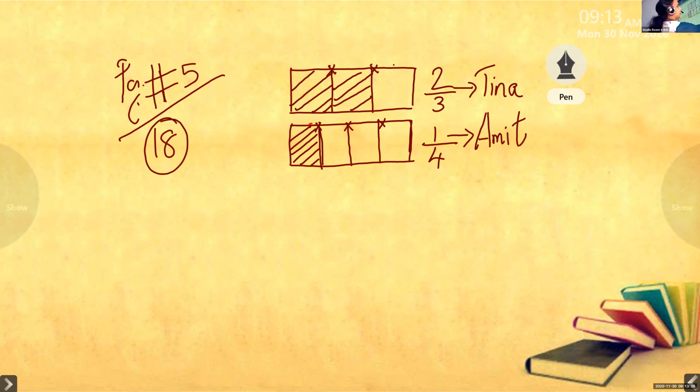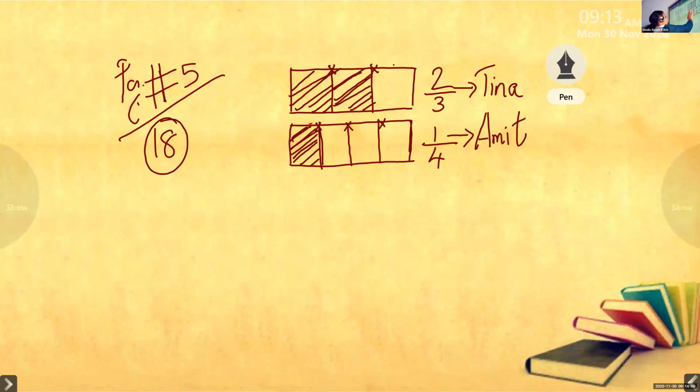So Aiden, please tell me who ate more. Look at the picture. Who ate more? We can see from the picture. The question is who ate less? That is Amit. But I am asking you now, who ate more? Tina. Look at Tina, because here Tina is eating this much, but Amit only this much.